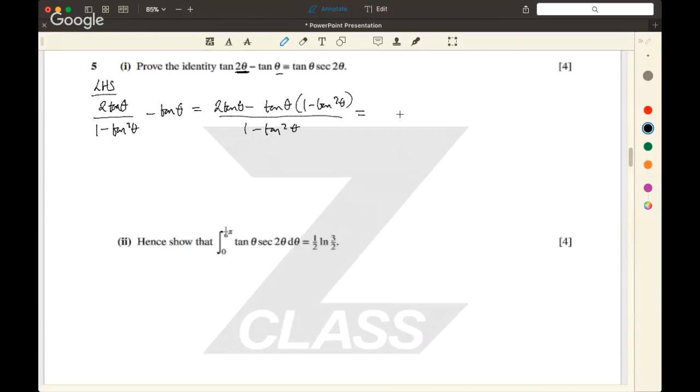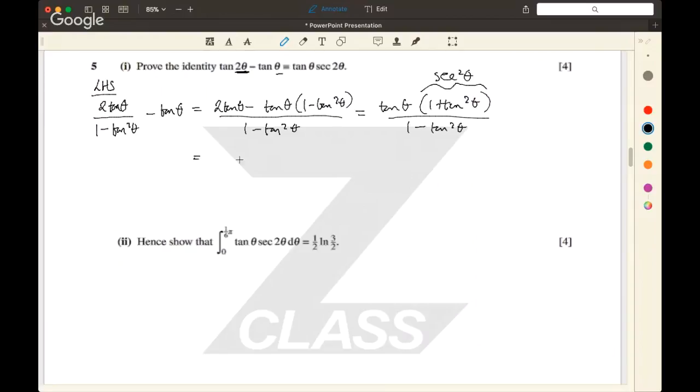If I multiply it out, this is equal to tan of theta times (1 plus tan squared theta) over 1 minus tan squared theta. And recognize that 1 plus tan squared theta is just equal to sec squared theta.